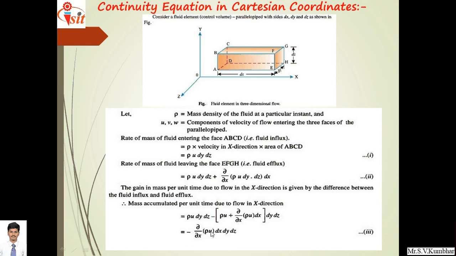Because u is the velocity along x-axis, v is the velocity along y-axis. So minus dou of dou y of rho v dx dy dz, and similarly mass accumulated per unit time due to flow along z direction is calculated by referring to this equation: minus dou of dou z of rho w dx dy dz.